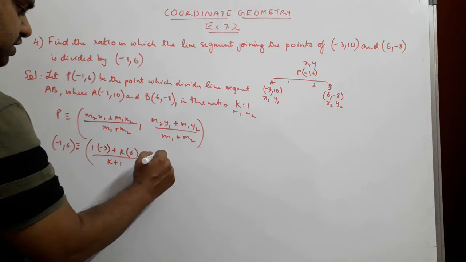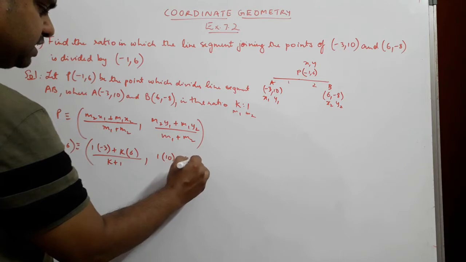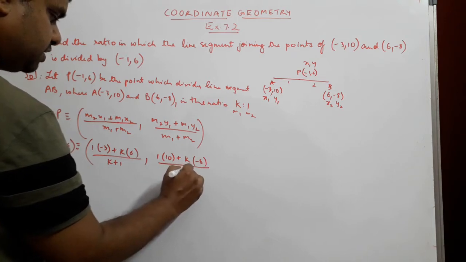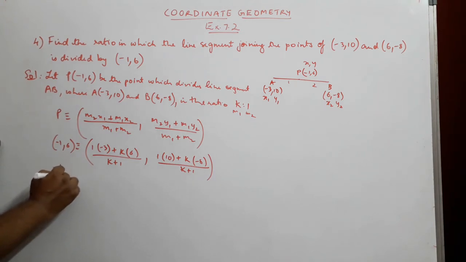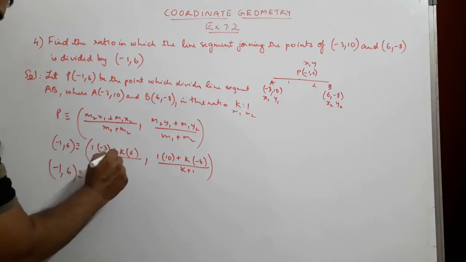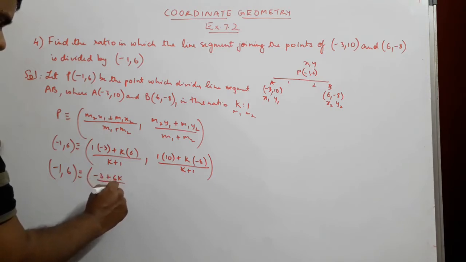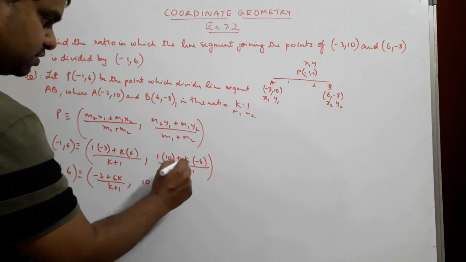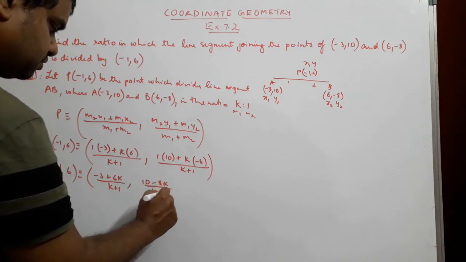And m2 once again is 1, y1 is 10, plus m1 is k, and y2 is -8, whole thing upon k plus 1. So (-1, 6) corresponds to (1 into -3 gives us -3, k into 6 is 6k, whole thing upon k plus 1), (1 into 10 is 10 plus k into -8 is -8k, whole thing upon k plus 1).